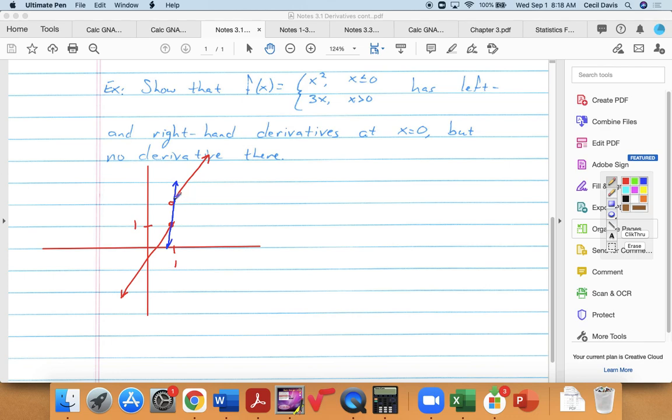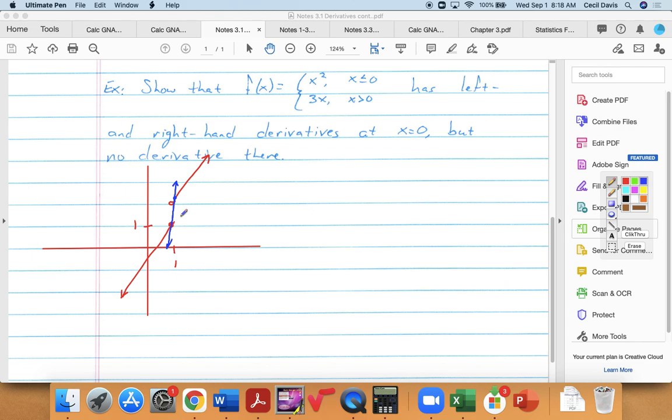Because we're joining a point on this side to this point, not to the hole. As we get closer and closer to the hole, this line is going to become closer and closer to vertical. And what's the slope of a vertical line? Undefined.